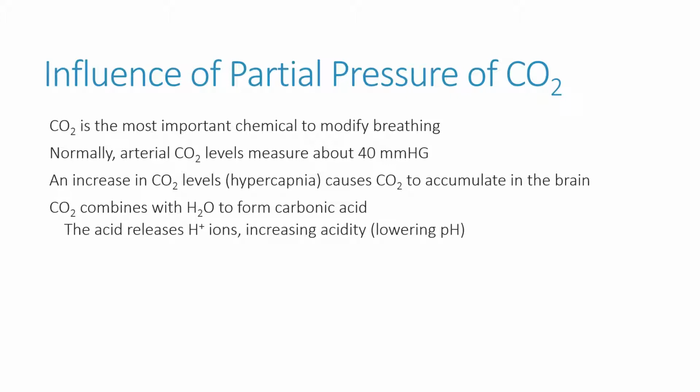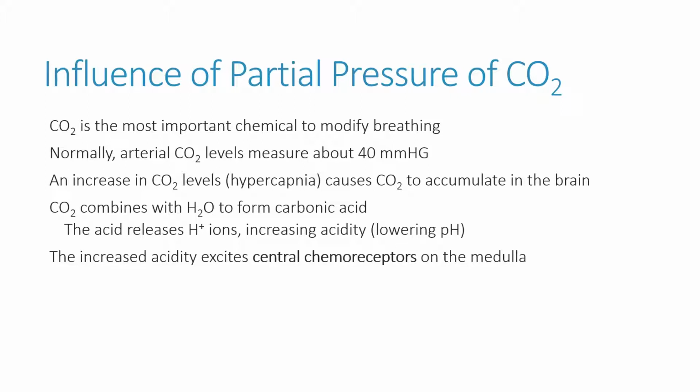This acid releases hydrogen ions, which increases the acidity of our blood. Now, keep in mind that as acidity increases, the pH number gets lowered. The increased acidity excites what are called central chemoreceptors that are actually part of the brain, of the medulla itself. This increases both the rate and depth of breathing.